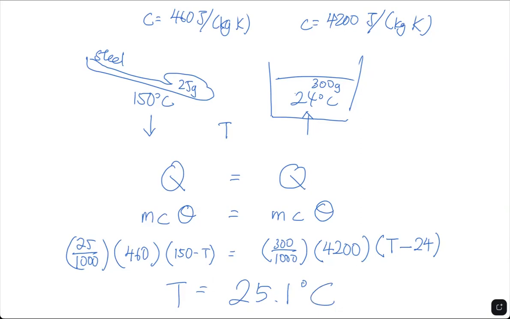So can you see, even though the spoon is about 126 degrees hotter than the liquid, because the spoon has a smaller mass and a smaller specific heat capacity, when you put it into 300 grams, which is about 12 times the mass of the spoon, the overall temperature just goes up by 1.1 degree for the water, but for the spoon it went down by over 100 degrees, because the spoon has a very low specific heat capacity.